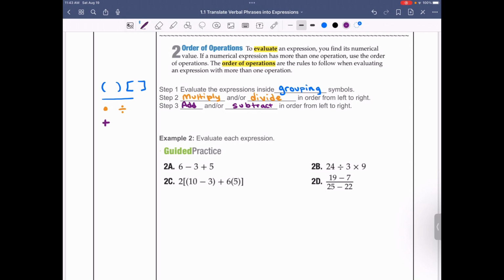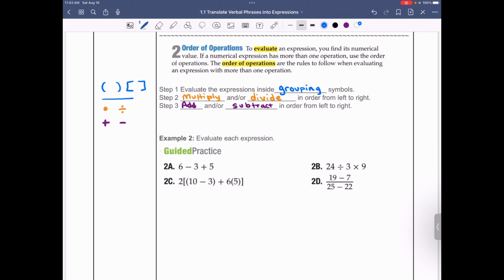So add or subtract. When I learned this, I learned it as PEMDAS. And now we use grouping instead of just parentheses because parentheses are only one form of grouping symbols, where parentheses, brackets, and division bars are all grouping symbols.